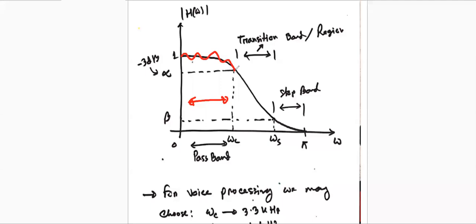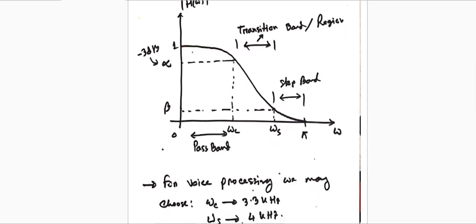We'll discuss different types of filters in the upcoming semester, where we will learn more detail about those characteristics. However, in general, this is the tolerance in the passband. The amplitude can fluctuate between 1 and alpha, where alpha is the minus 3 dB point.